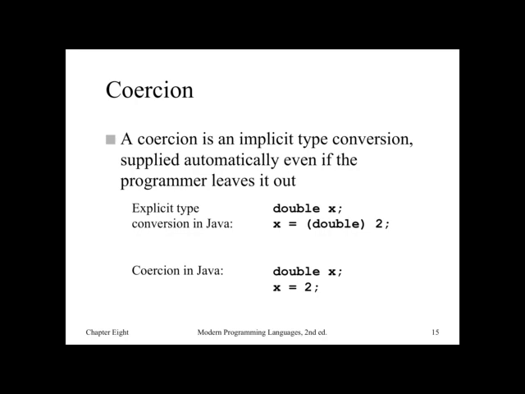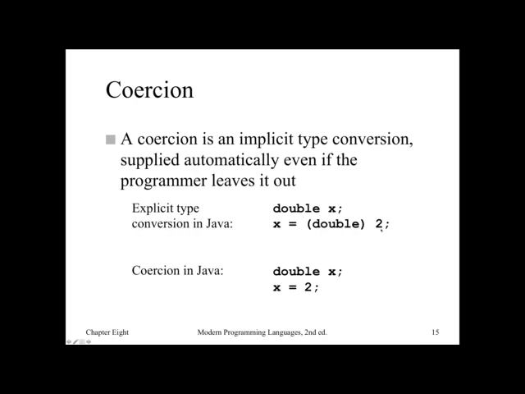What coercion means is that we're willing to convert the type, even if the programmer leaves it out, as long as it makes sense, right? So, for example, in this top example here, which is in Java, I declare x to be a double, so x is of type double.